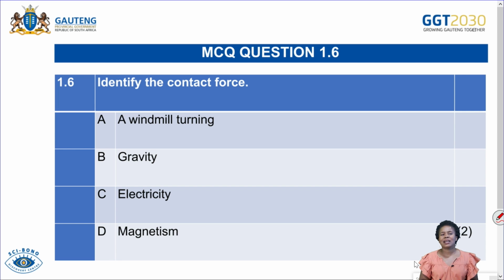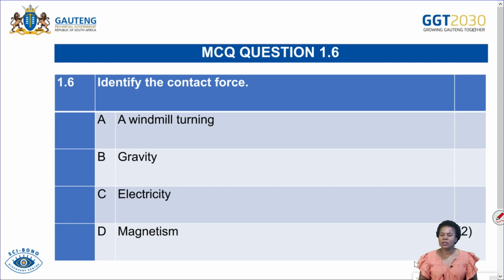I was just trying to elaborate, without deviating from the question. It says identify the contact force. Is it a windmill turning? When you're turning the windmill, there has to be wind provided, as when we use a windmill to get water from underneath the ground. Is it gravity?